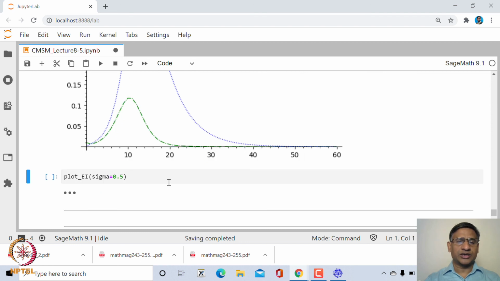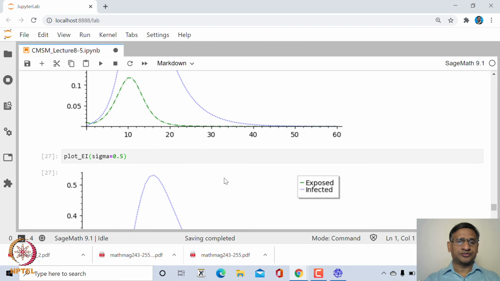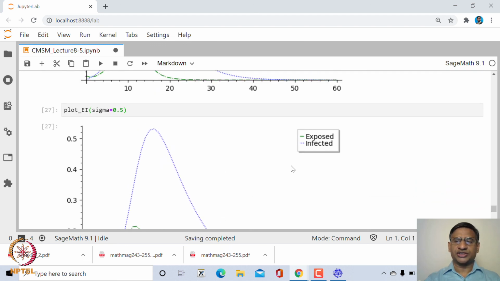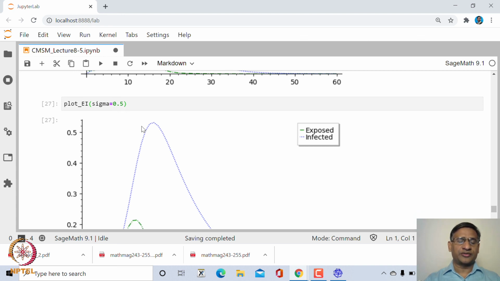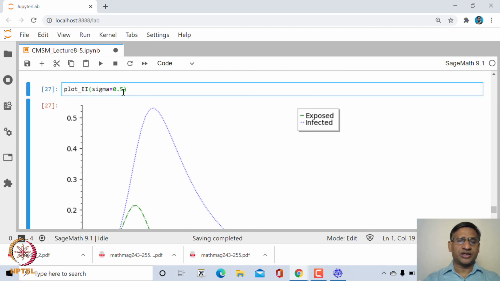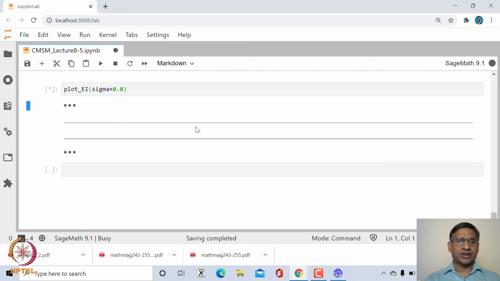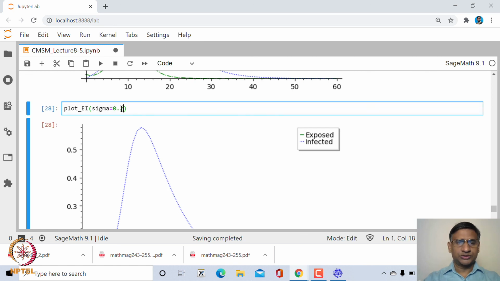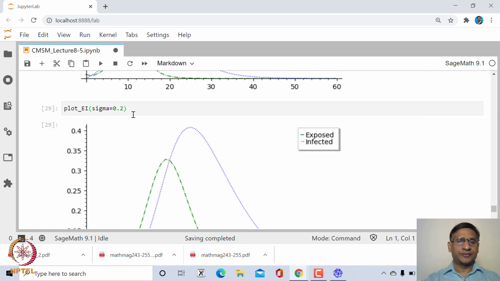Similarly, we can look at how sigma changes this output. When I reduce sigma to 0.5, this is how it looks. Or let me increase it, if I say 0.8, then this is how it looks. If I reduce to 0.2, then this is how it looks.